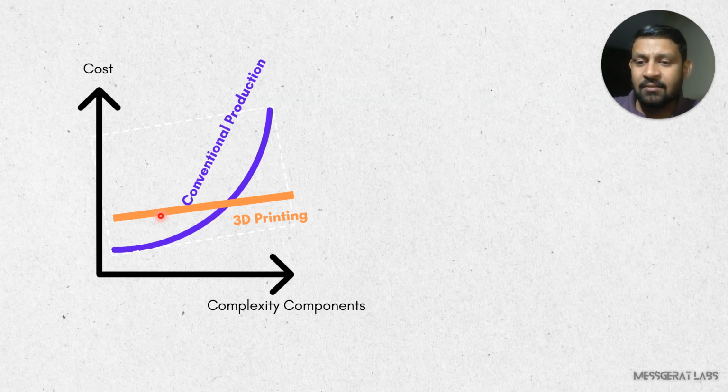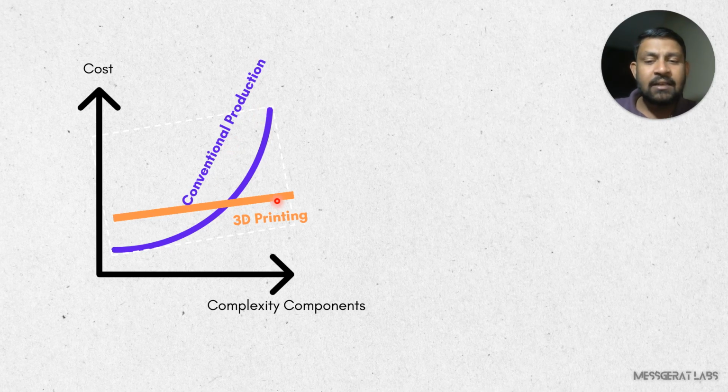Now, this is a very interesting comparison. When you see the blue curve, that is your conventional production, and when you see the peach curve, that is your 3D printing line. As the design complexity increases, the cost of manufacturing a component increases as per conventional production.